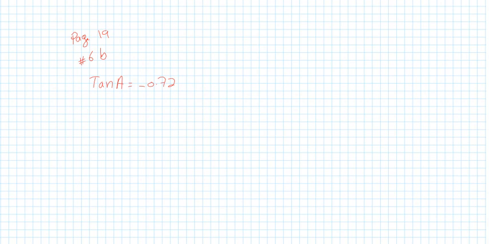So you do tan inverse, because to find an angle, you have to do the inverse, right? And when you do tan inverse of negative 0.72, what do you get? Negative 36 degrees. All right. I want to make sure that everyone's getting that answer.